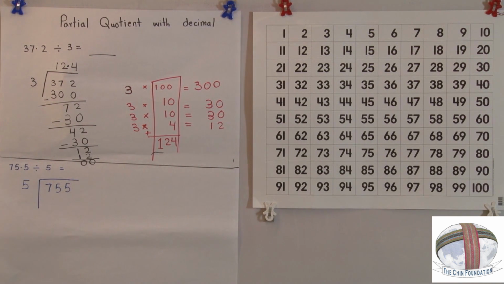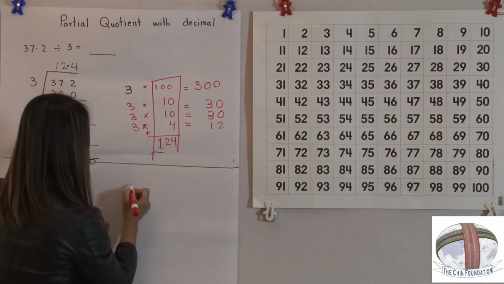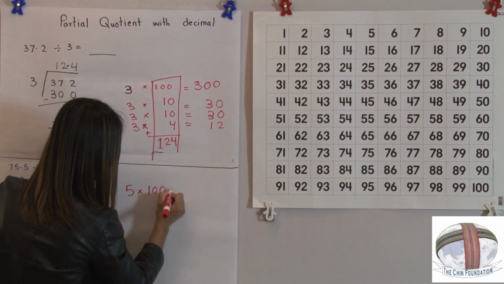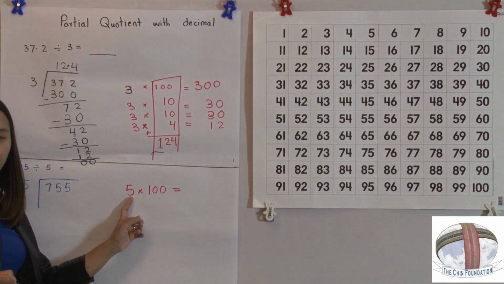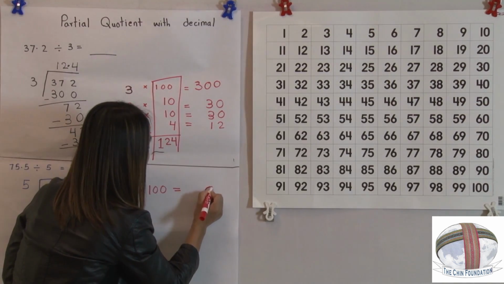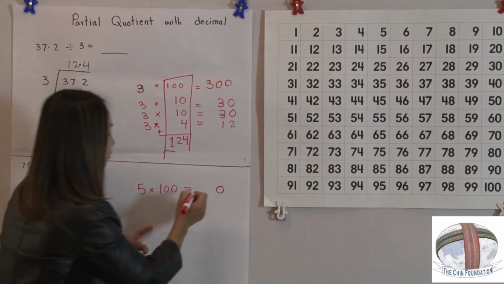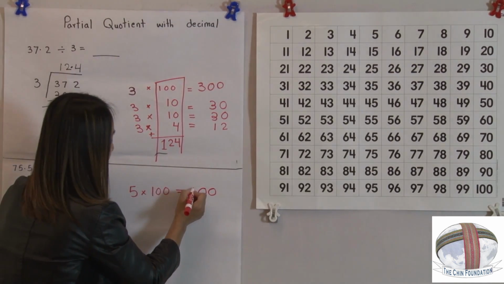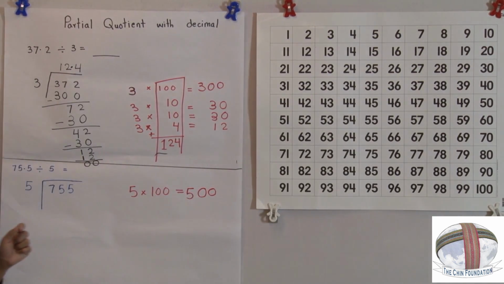Now we have to multiply. There's a 3-digit number, that means 100 place, okay? So 755. So I need to come up with 100 first because this is 100. So 5 times 100. Let's start with 5 times 100. 5 times 0 is 0. 5 times 0 is 0. 5 times 1 is 5.